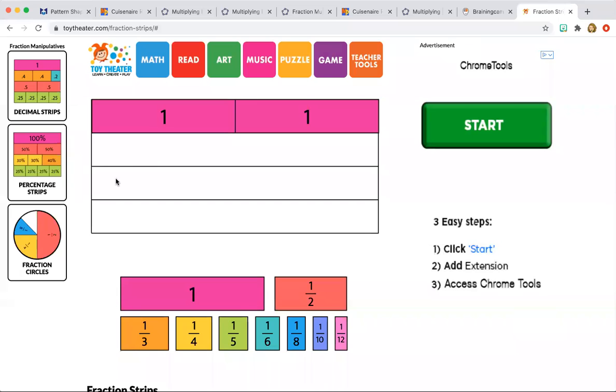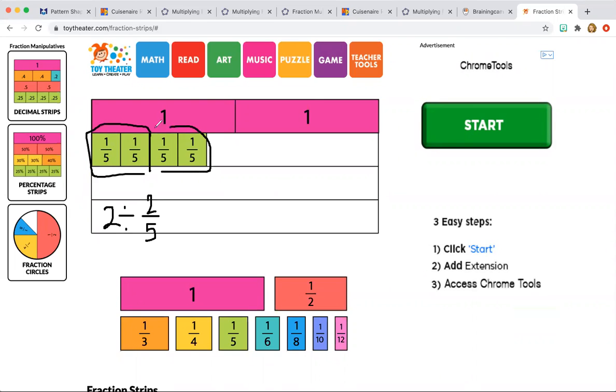So what if we did the same, but we thought about 2 divided by 2/5? We just did 2 divided by 2/3. So think about, right? I want to see how many of my 2/5 fit into 2. So we can line up. That's one time. Here's now a second time. We can do it another time.